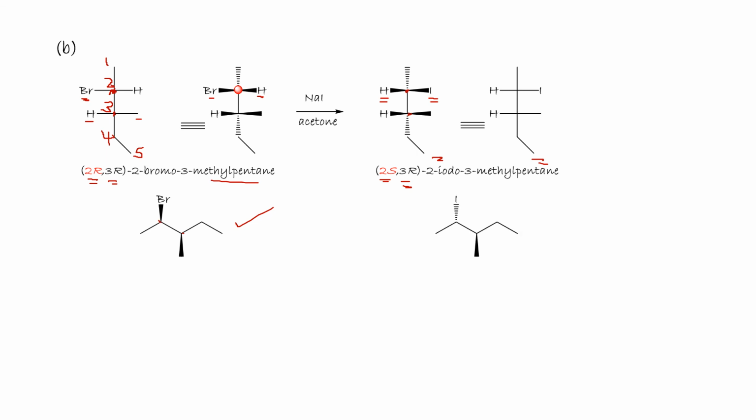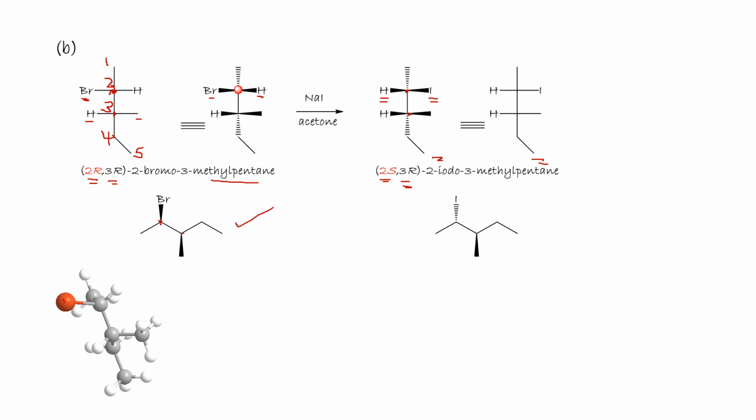To clarify, I built a 3D model. Okay? Now, the reaction will take place on this carbon with inversion. So the iodo will be in the back of the plane, or my computer screen, and the methyl will be up. Here is a 3D model.